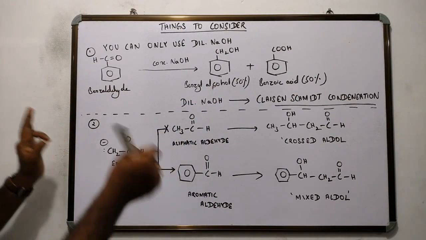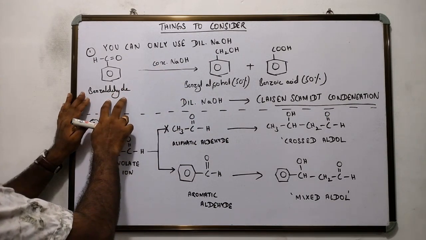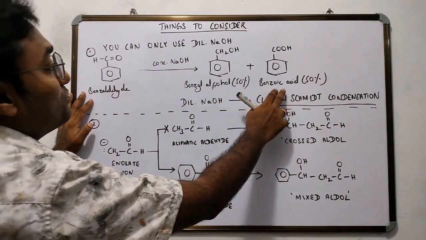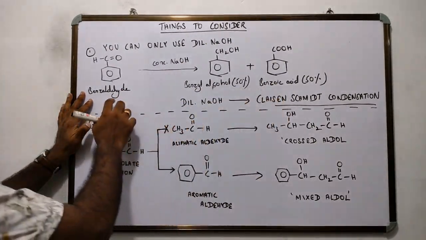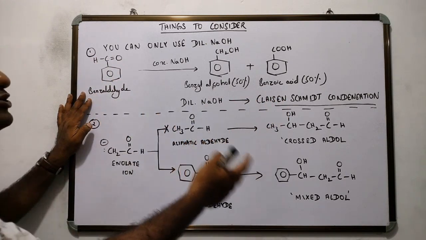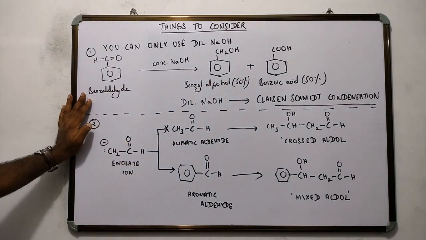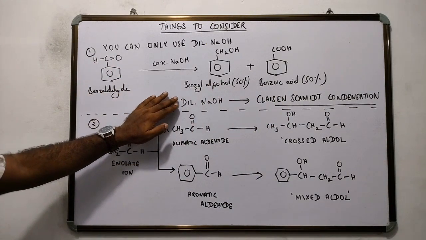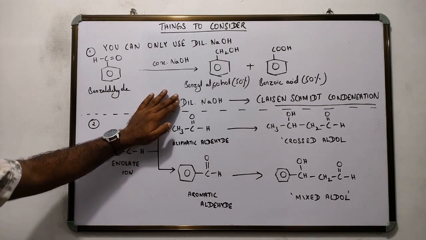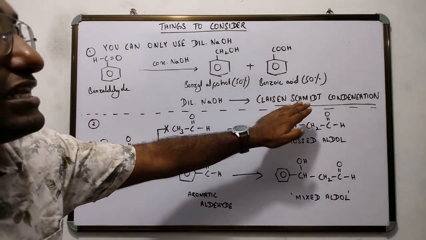In this case, had you used concentrated NaOH, 50% of the benzaldehyde molecules would have been oxidized to benzoic acid and 50% would have been reduced to benzyl alcohol. However, you have used dilute NaOH in this reaction, and it is because of this that the reaction proceeds as Claisen-Schmidt condensation.